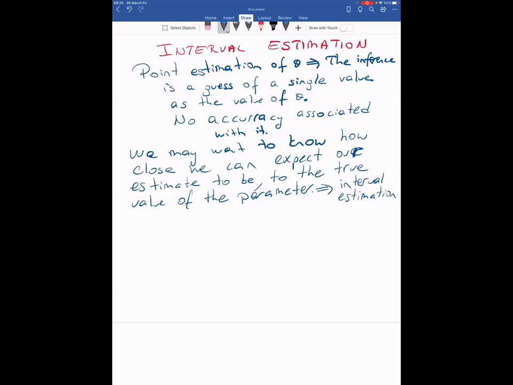Here, what we are trying to do is specify an interval in which our unknown parameter theta is likely to lie.